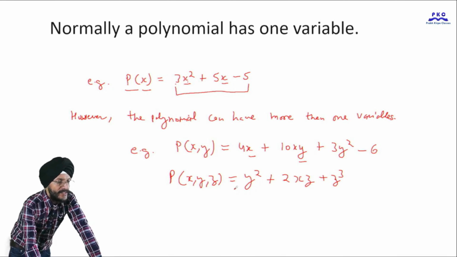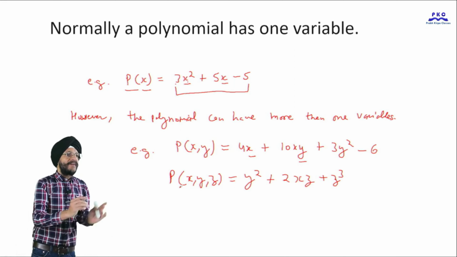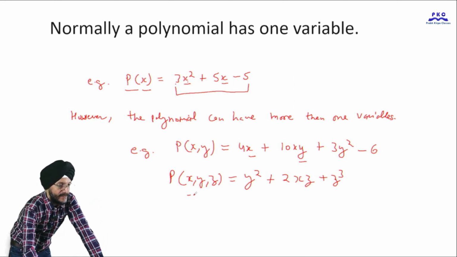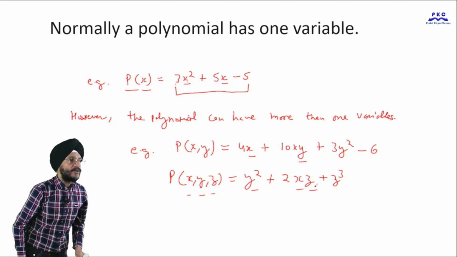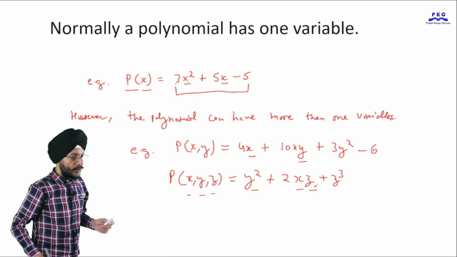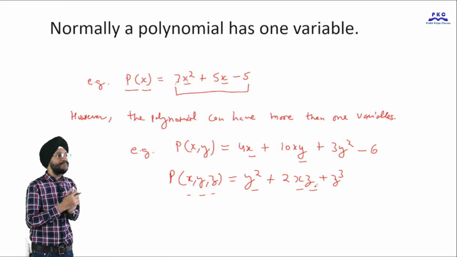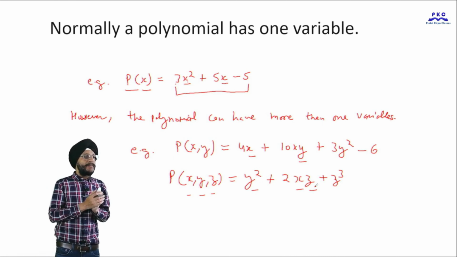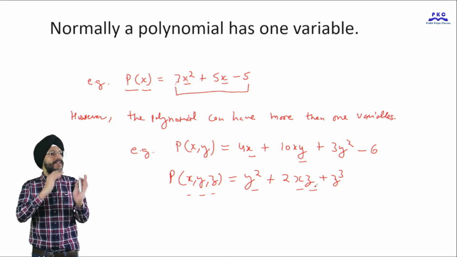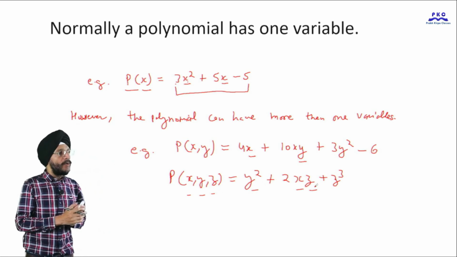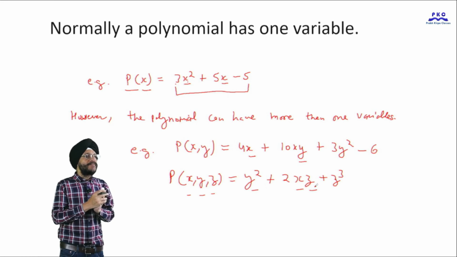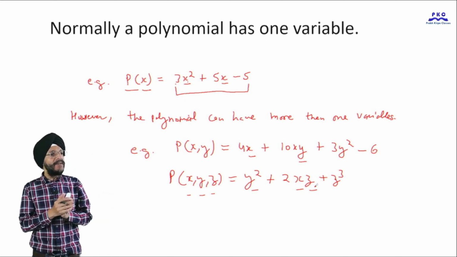So here p stands for polynomial with variables x, y and z. Here y is a variable, x is a variable and z is also a variable. So we can conclude that the polynomial may have only one variable or the polynomial can also have multiple variables.